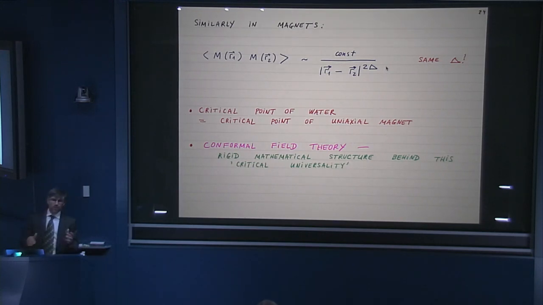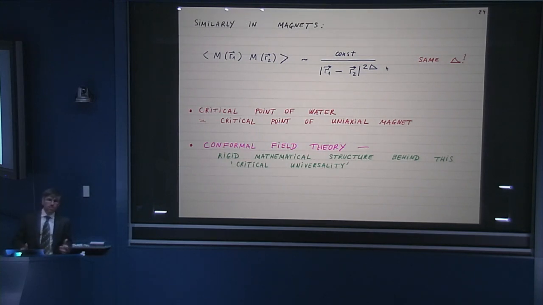This was first observed experimentally. What this means is that the critical point of water or of any liquid is the same in a certain sense as the critical point of a uniaxial magnet. So how can it be that two things which come from two different physical systems end up being the same?